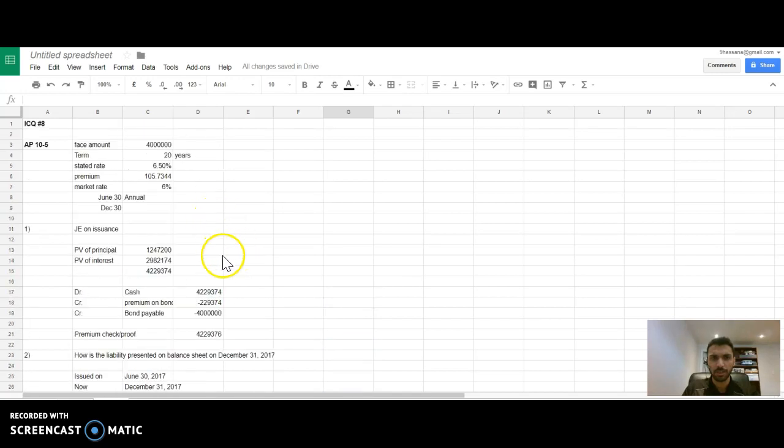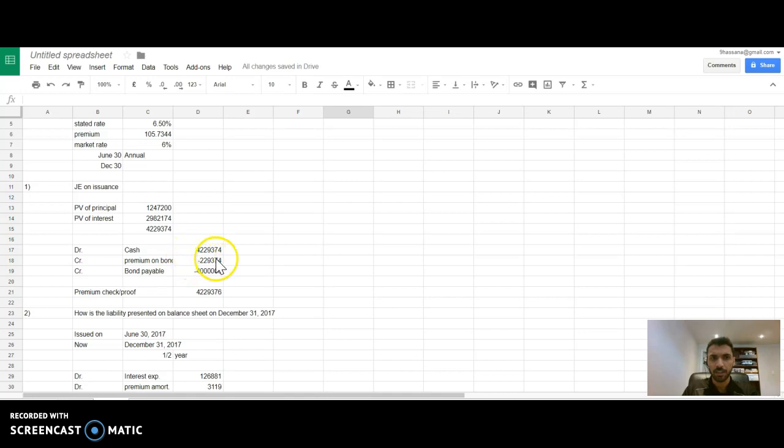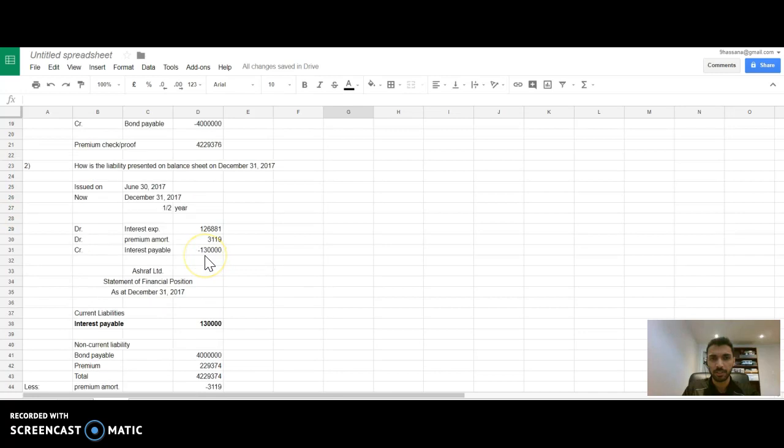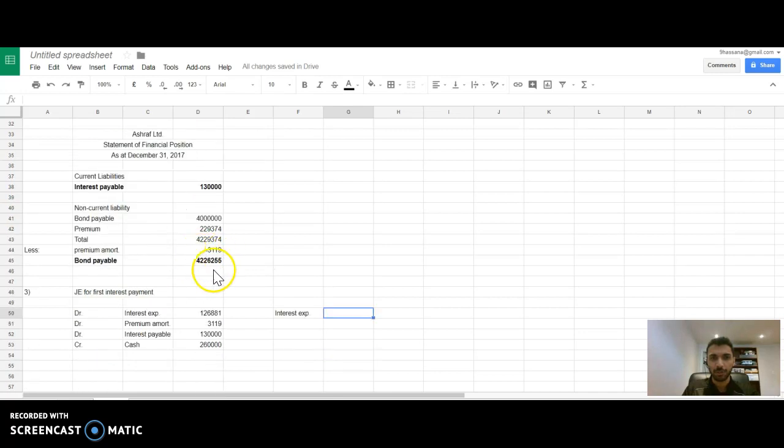So when we go up to the first part, this was the original issue price of the bond, 4,229,374. And after the first amortization, it became 4,226,255. So now if we were in a semi-annual interest payment scenario, we would take the 4,226,255 as our starting point.